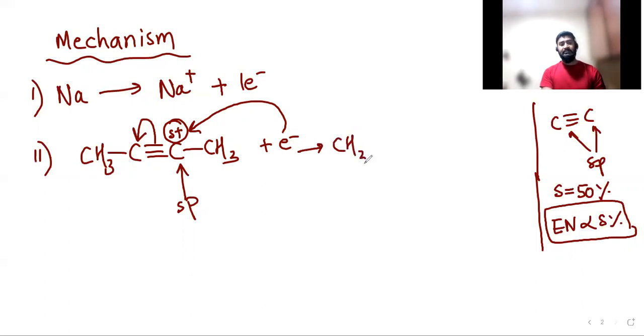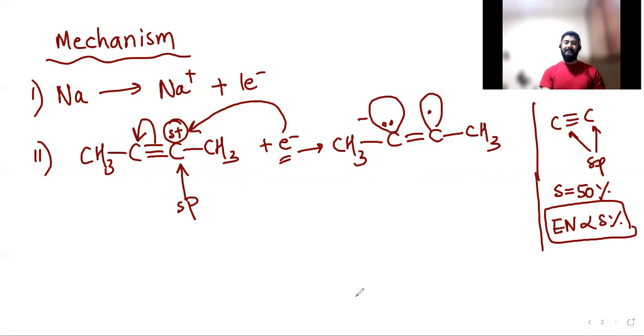So we end up getting CH3, C, a lone pair. Excellent, a negative charge. Just keep in mind, if an atom gains a lone pair, it gets a negative charge, and if an atom loses a lone pair, it gets a positive charge. That's it. So we have the double bond, carbon, and this free electron which came in, and CH3. Now you have studied in the class 11th chemical bonding chapter that a lone pair repels a lone pair.